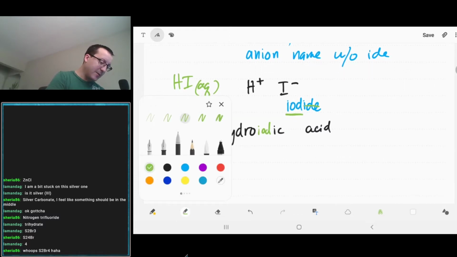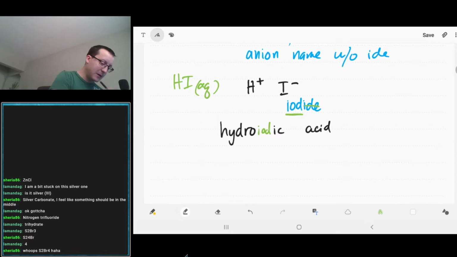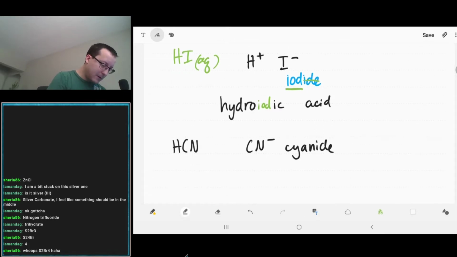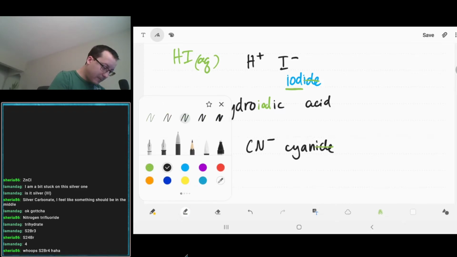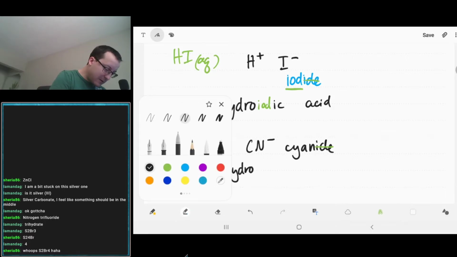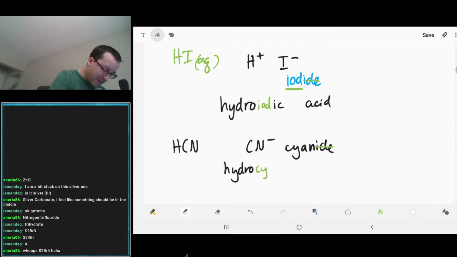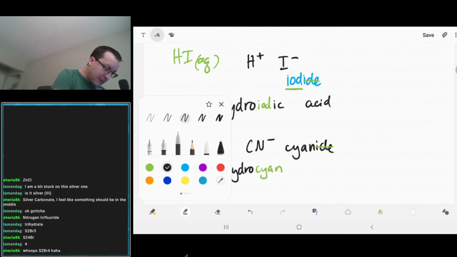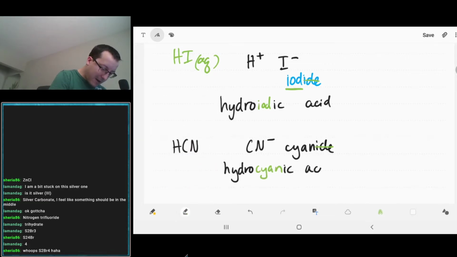Some of the polyatomic ions, not very many of them, also end with "ide." This one is the polyatomic ion cyanide. Again, we're going to have that same idea. We're going to get rid of the "ide," and we are going to call this hydrocyanic acid.